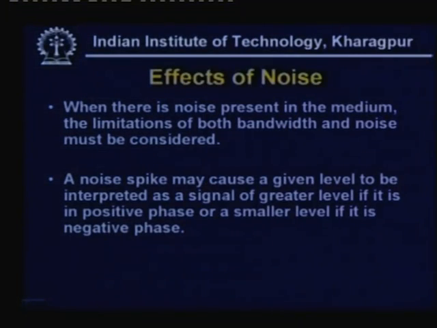Now let us take the limitation due to the noise. Why? A noise spike may cause a given level to be interpreted as a signal of greater level if it is in positive phase, or a smaller level if it is in negative phase.